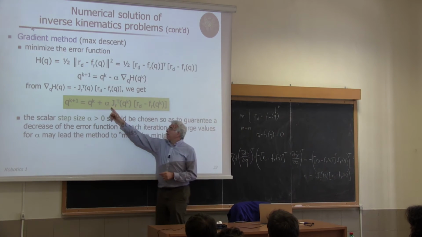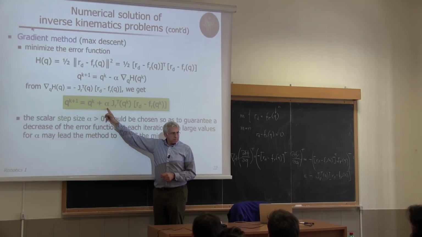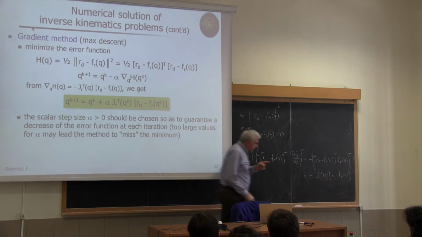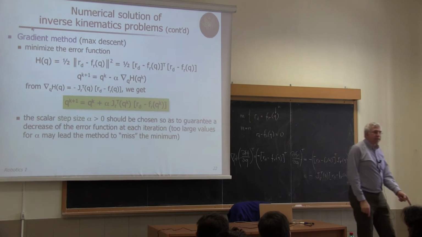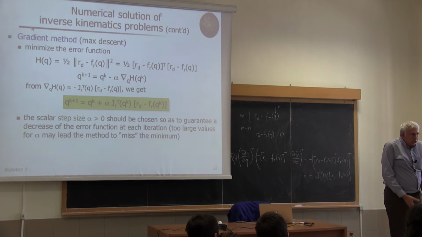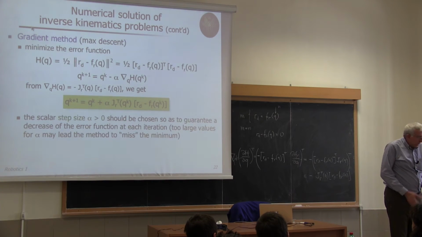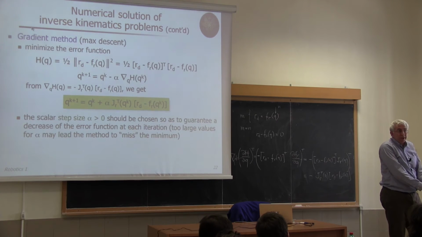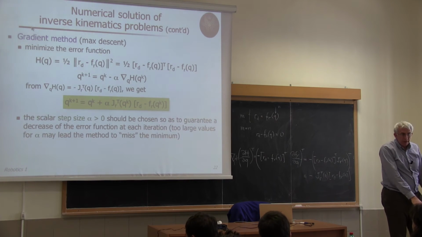Now, this is a trade-off. If I take it very small, say 10 to the minus 6, then I'm guaranteed that I'm taking a step in a direction where the function decreases, because it's local. Locally, I found that if I go there, I decrease. If I make a very small step there, it's certain that I will decrease.